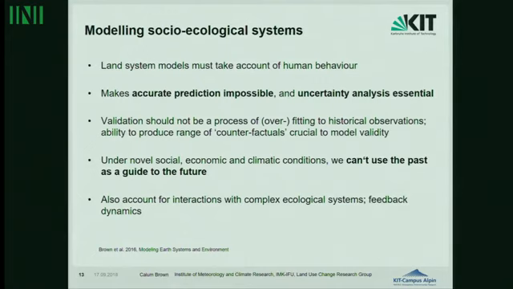This also means that model calibration or validation, as I think Jackie perhaps said earlier, should not be a process of fitting to historical observations, because we have no guarantee that the trends, the changes that happened in the past will remain consistent or valid in novel future contexts, especially when we consider interactions with equally complex ecological systems.